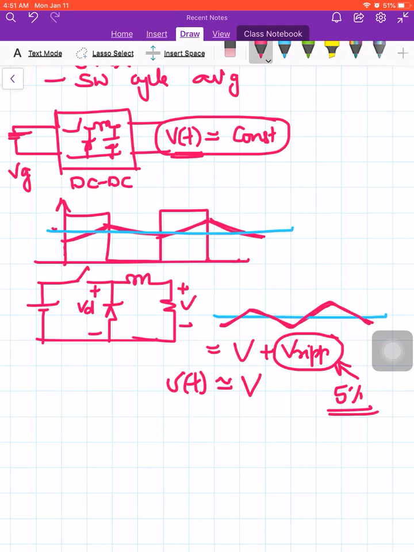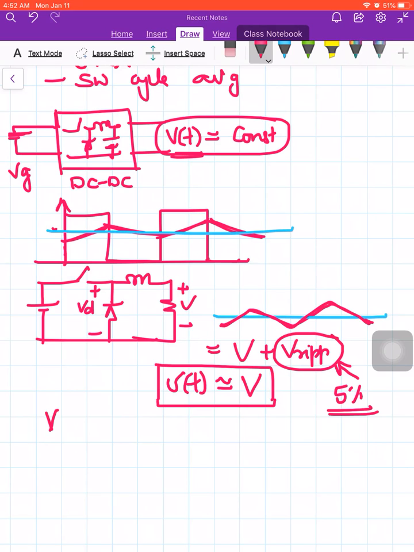So in that case, we can approximate V of t with a constant voltage. Then this affects how we solve our differential equations. We can simplify our analysis to a greater extent and obtain the same result that we have tried to derive from a long solving procedure of differential equations.